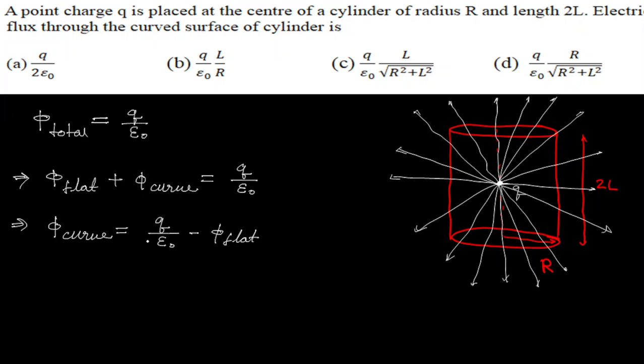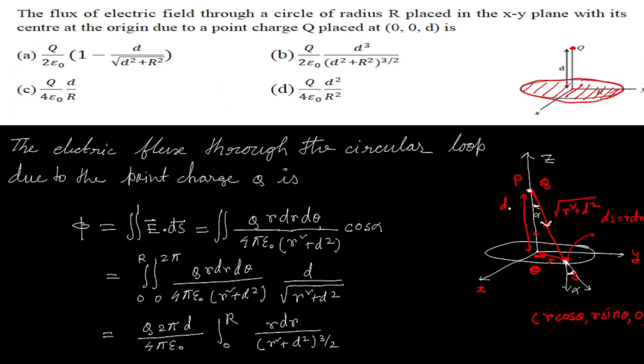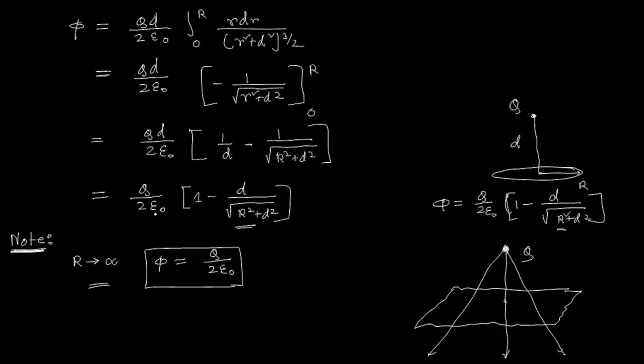So now how can we calculate the flux through the flat surface? Already we have discussed a point here. In this case, if we place a point charge at a distance d on the axis of a circular loop of radius r, then what will be the total flux through this surface? It will be Q divided by epsilon naught times 1 minus d divided by under root of r square plus d square.